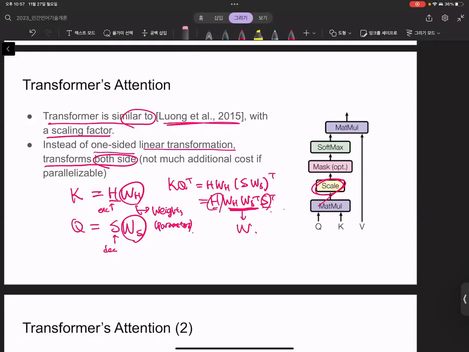Anyway, I want to say in transformer attention, both sides are transformed. And then scaled.